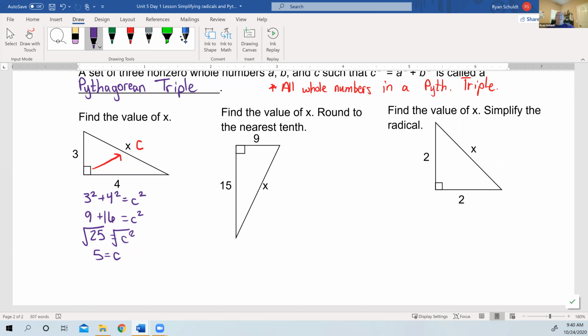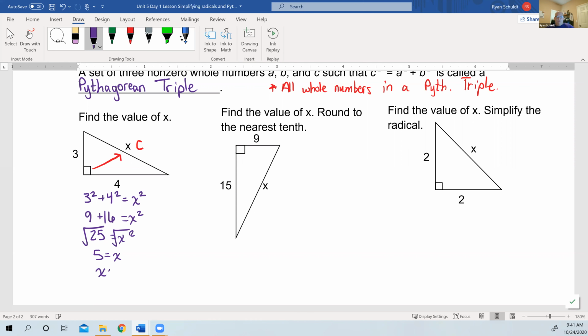Which I'm using C. What should I actually be using? Not C, but all of these C's should be X's. That's my bad. So what do we know?